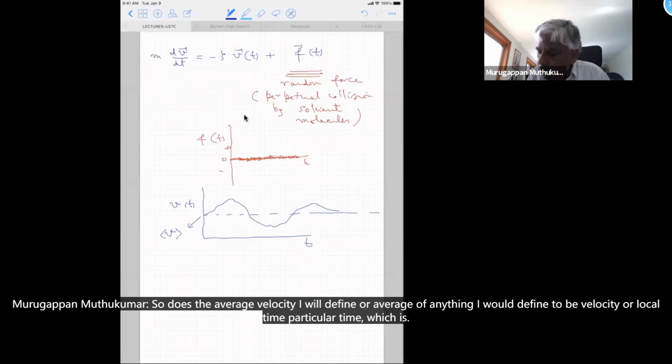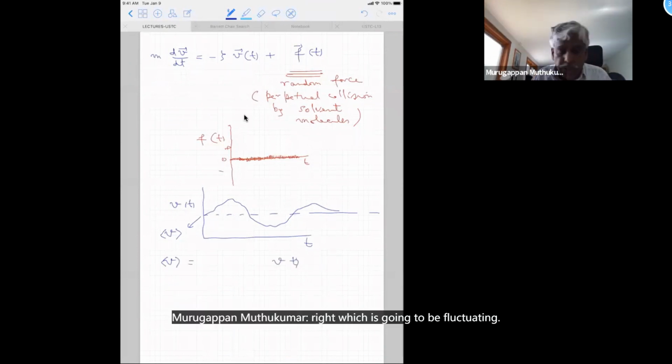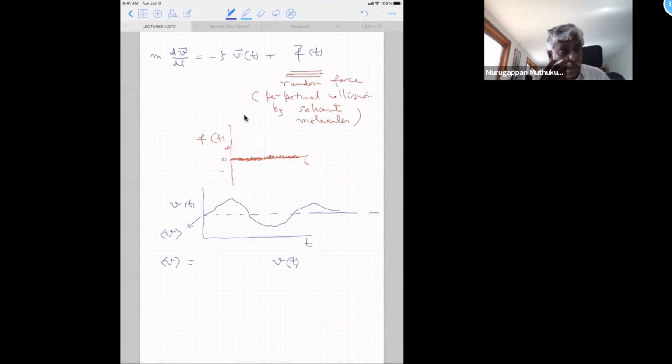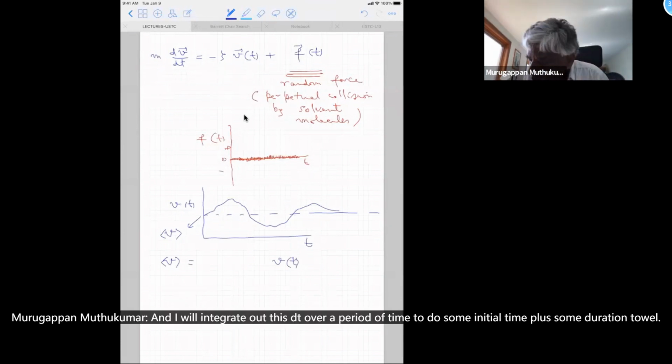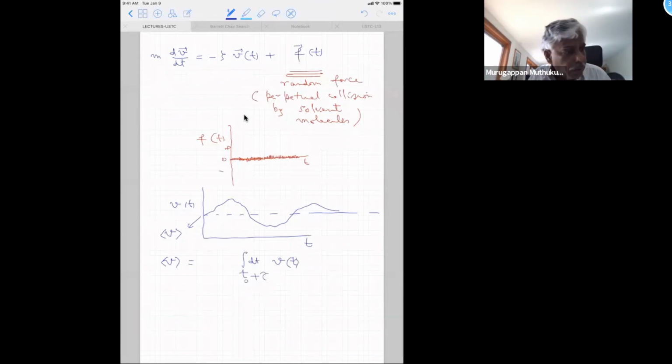So this average velocity, or average of anything, I will define as the velocity at a particular time, which is fluctuating, integrated over dt over a period of time, from some initial time t0 to t0 plus some duration tau, divided by tau.